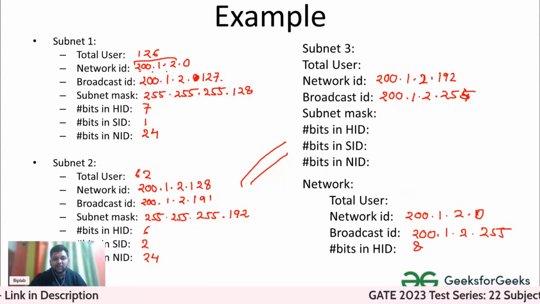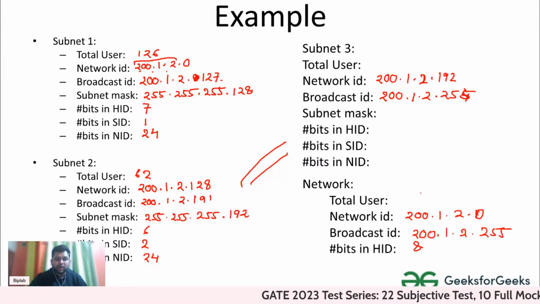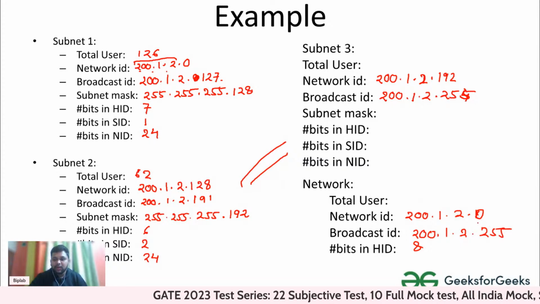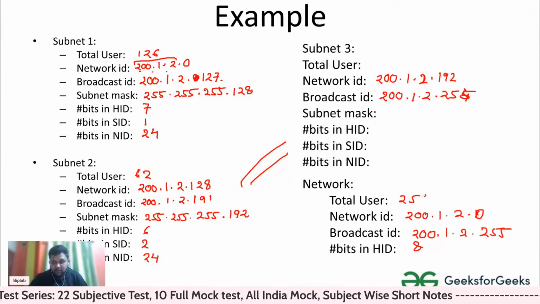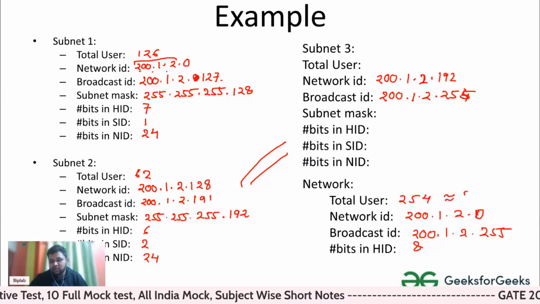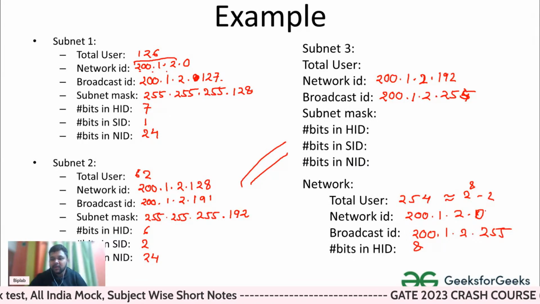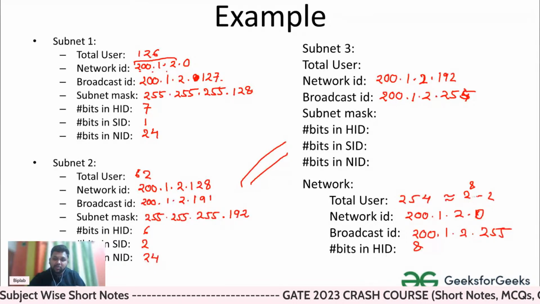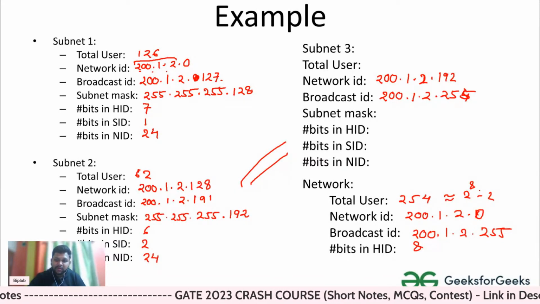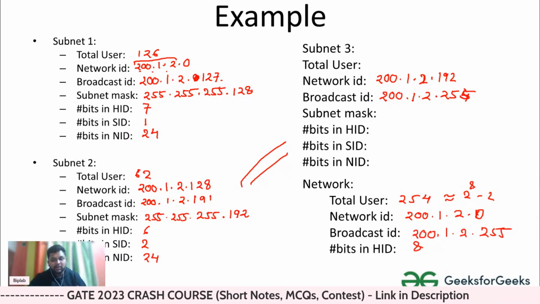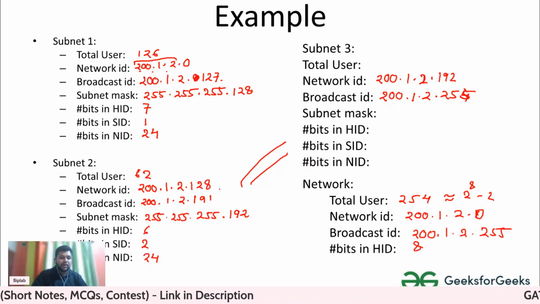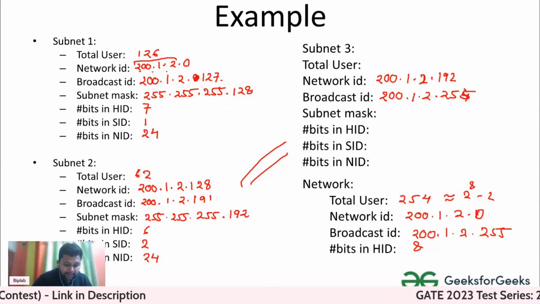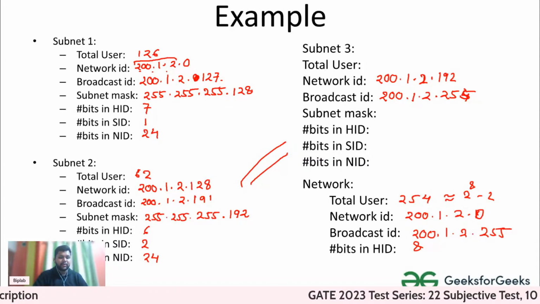Total number of users, if you consider the whole network without any subnetting, then the total number of hosts you have is 254. That equals 2 to the power 8 minus 2, because you have 8 bits for host ID. So there are 2 to the power 8 possible addresses, from which you reserve 2 for special purposes. So you have 254 total number of users.